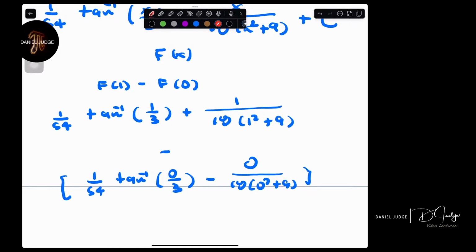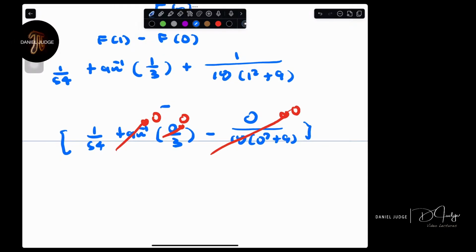So this portion here is going to be 0, and inverse tangent 0 is 0. We got 0 here, so it looks like our only arithmetic to do is the first portion.